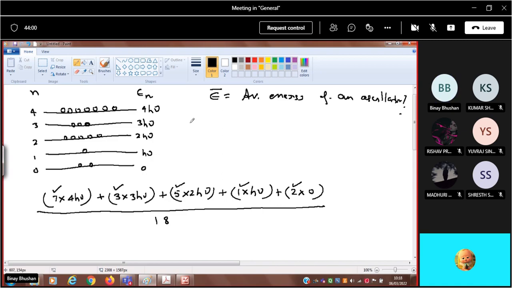So for this we go back. And we have one formula here. Unfortunately, we are not supposed to study this.